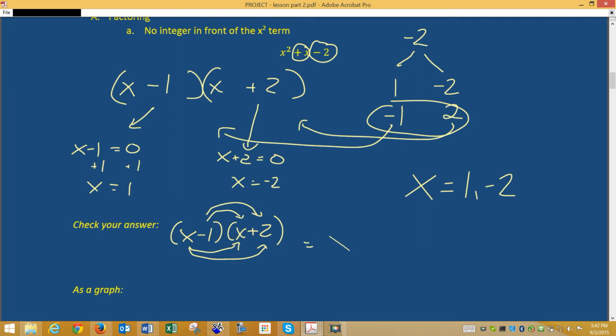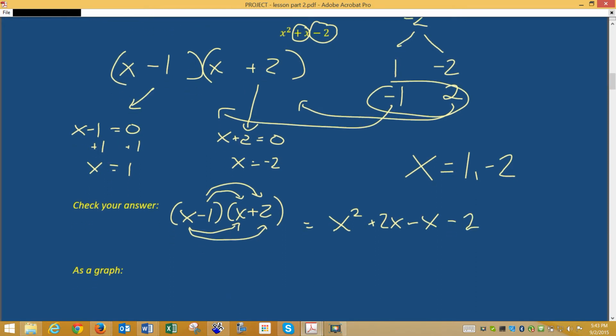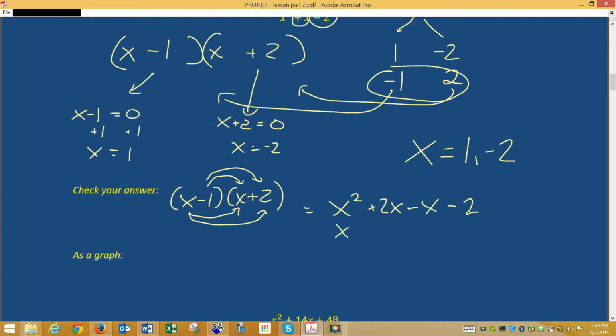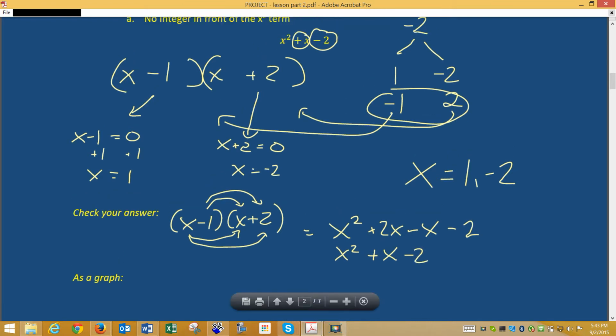So that's going to equal x times x is x squared. X times +2 is +2x. -1 times x is -1x. And -1 times +2 is -2. All right, so combining those terms, +2x minus x is +x, minus 2. And yes, that's what we started with.